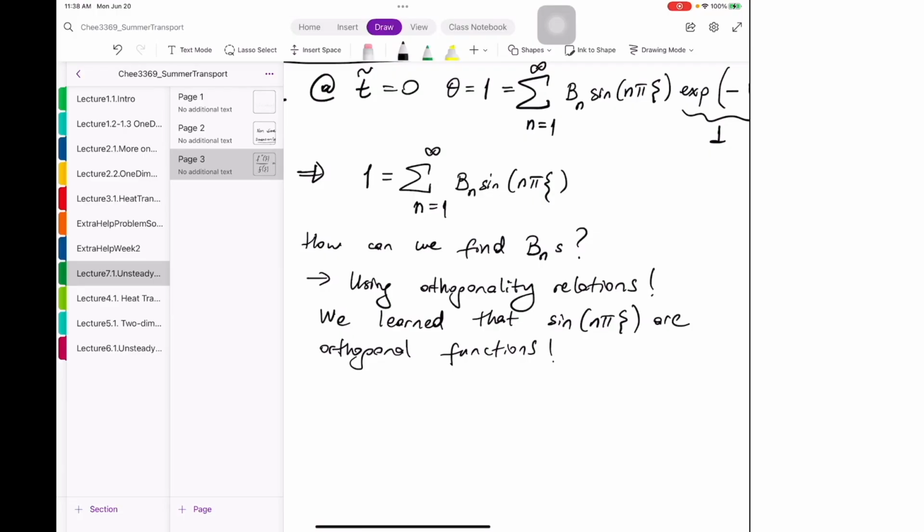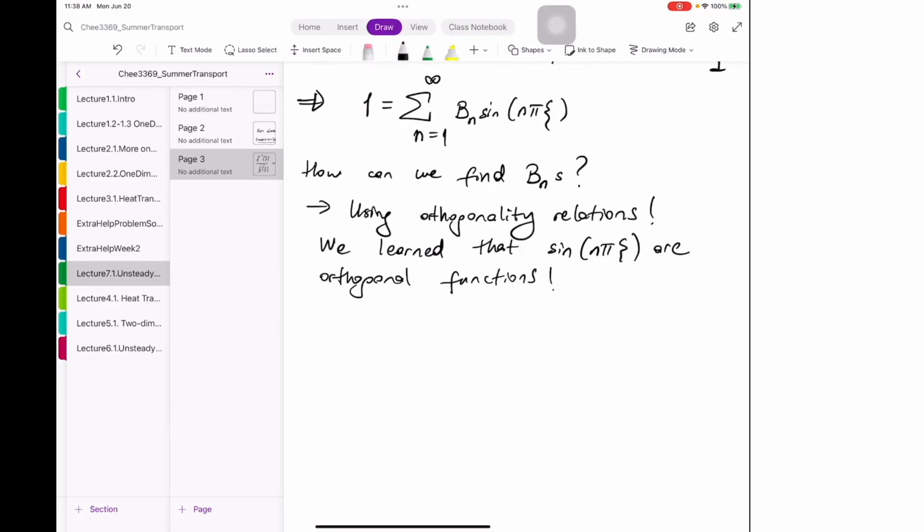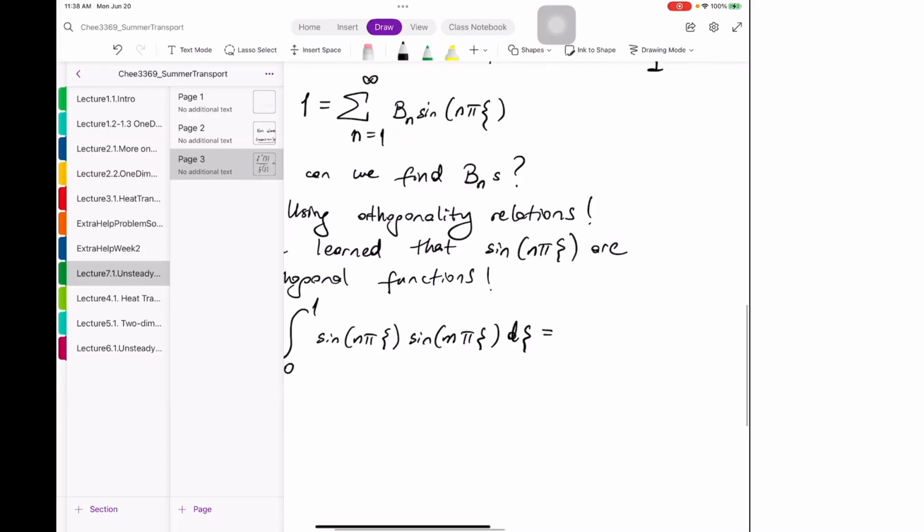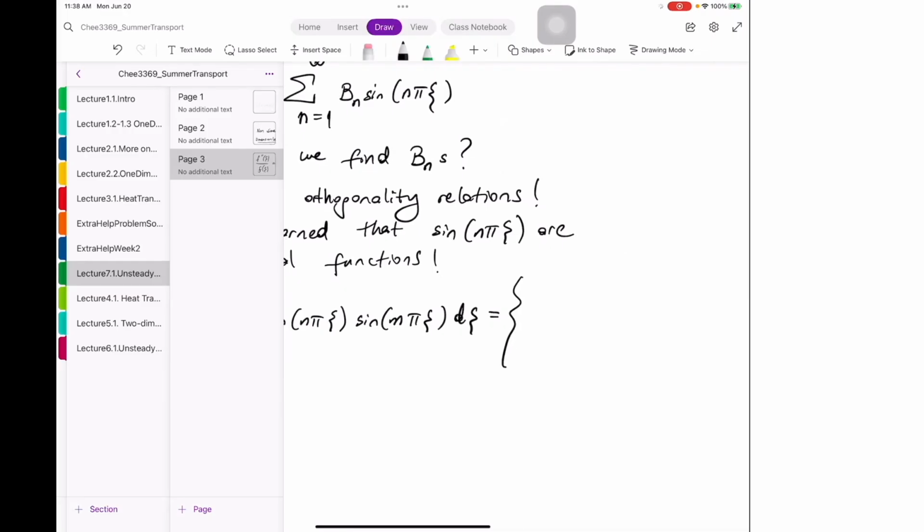So I can use the orthogonality relations, which is summarized as the integral from 0 to 1 of sine n pi xi times sine m pi xi d psi is equal to 1/2 if m is equal to n.